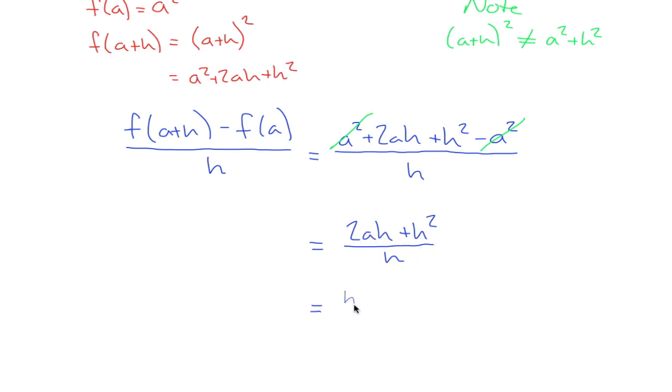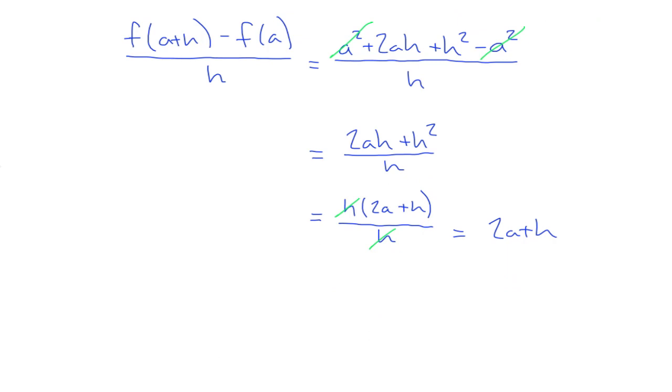So what you've got to do is factor out an h from the top. Note we pulled an h out of both of these terms. This one no longer has an h. This one only has the one h. And now we can cancel out this h up here and this h down here. And what we're left with is 2a plus h.